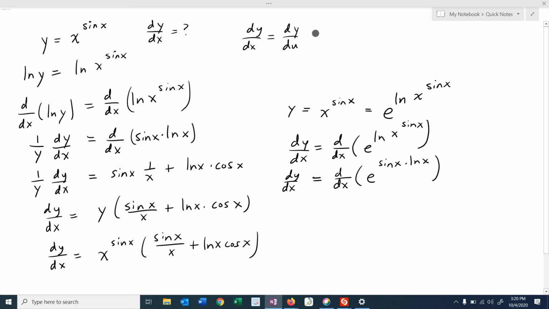Of course, u is going to be this inner function. Then the outer function would then be e to the u.